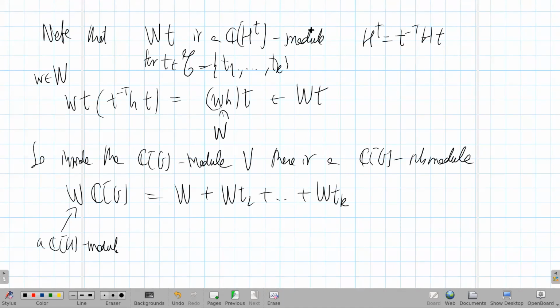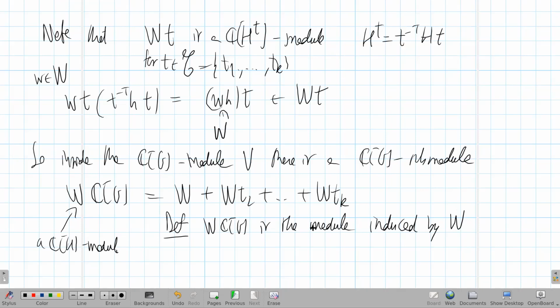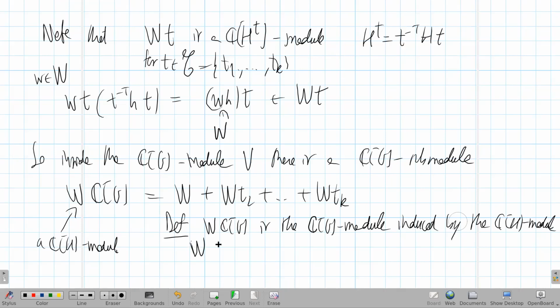The idea is that by definition, W^CG is the CG module induced by the CH module W, if the sum here is direct.